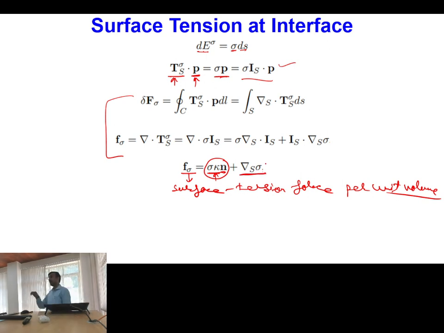So if say some impurity is coming into the system, and because of the impurity surface tension is being modified, what I can do is specify some value for this additional term, and then I can solve the contaminated system using the computational techniques.